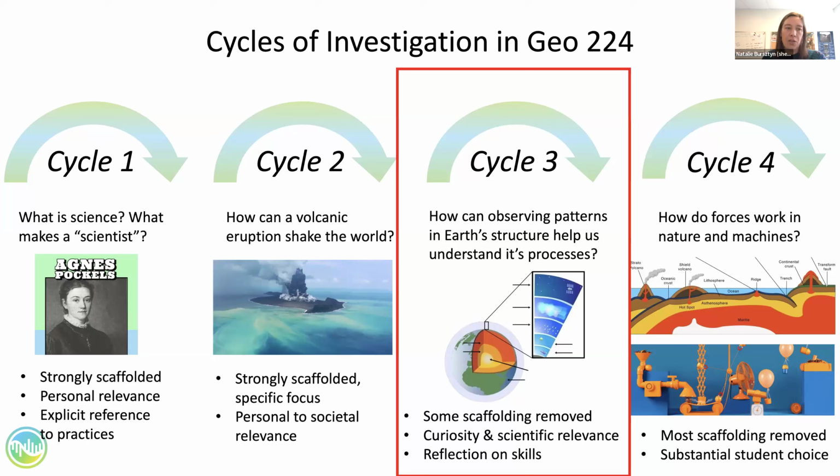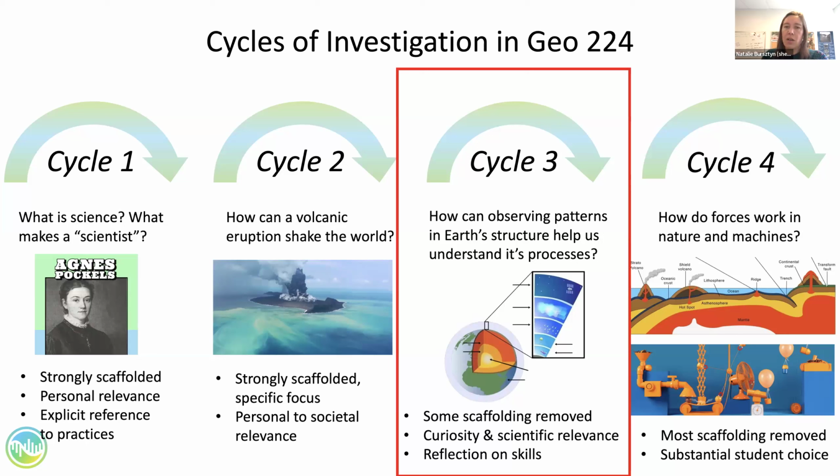And then after that unit is done, we move into the 3 major units of the course, which are all content themed. And you can see those here on the slide. So the first real content cycle, or cycle 2, relates to the motivating question of how can a volcanic eruption shake the world? It's about the Hunga Tonga eruption of January 22. The next is cycle 3, the one I'll walk us through.